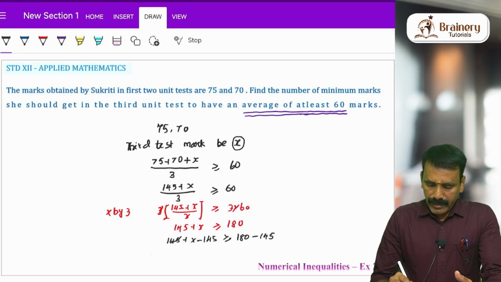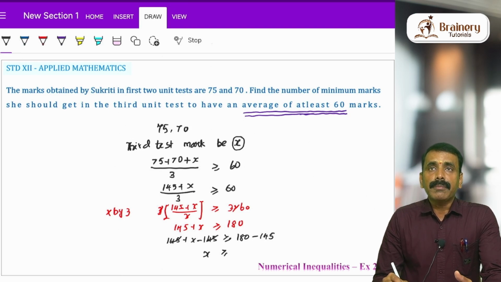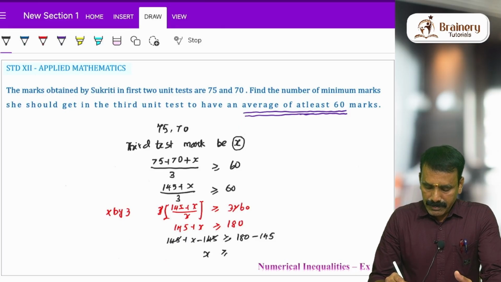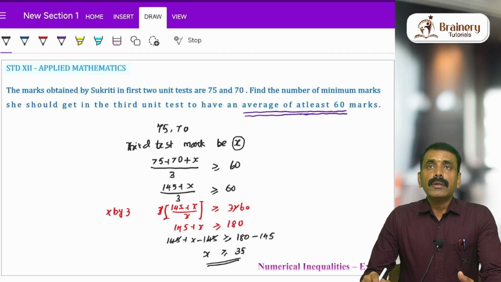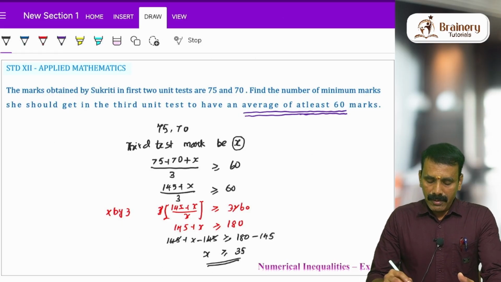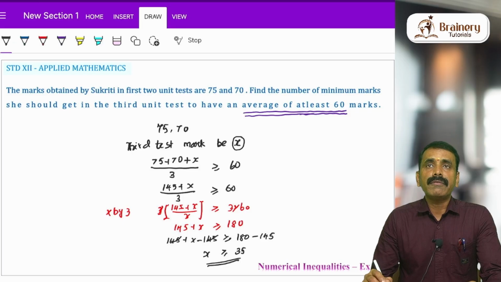So 145 gets cancelled on the left hand side. So x is greater than or equal to 180 minus 145. When you subtract, the answer will be 35. So she has to score a minimum of 35 marks to get the average 60 and above.